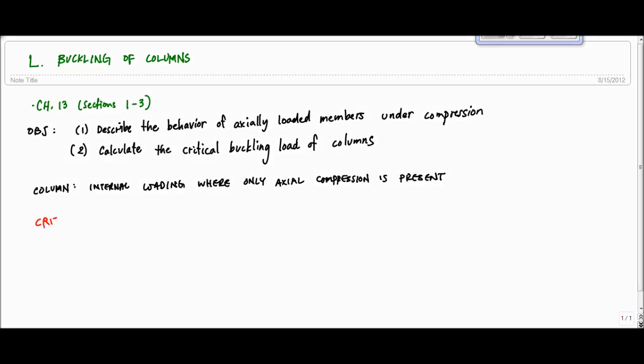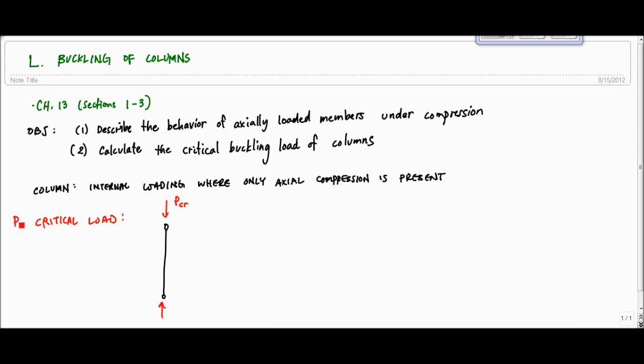Critical load is this axial load. Here, I'll draw a column, with an axial load on the column. So here, I'll call this P critical.